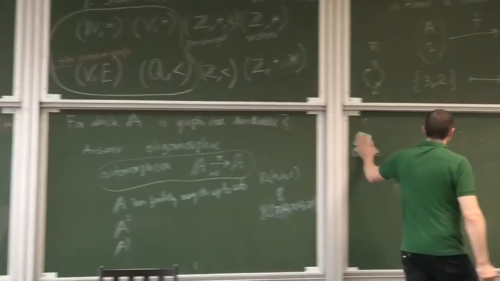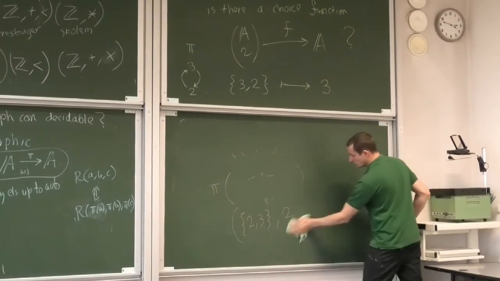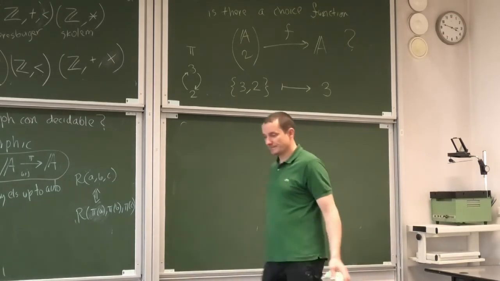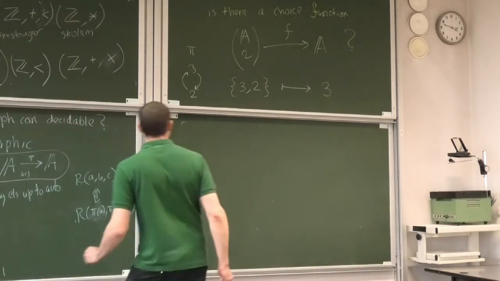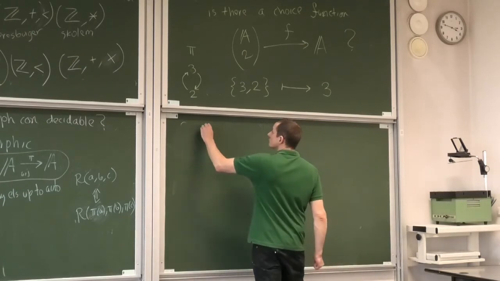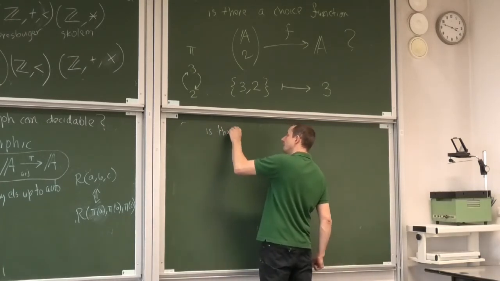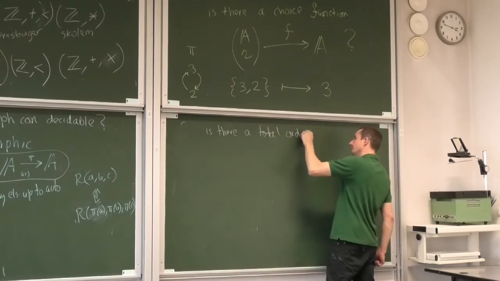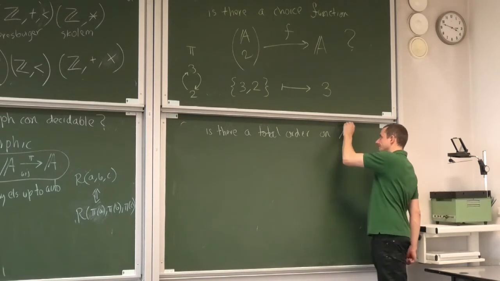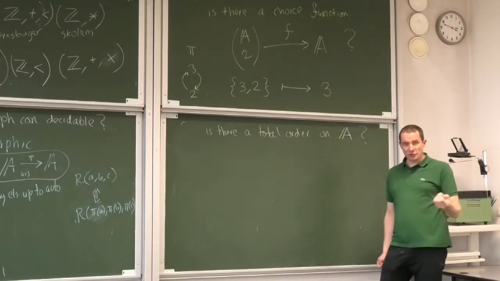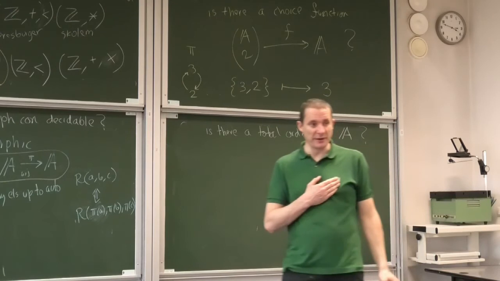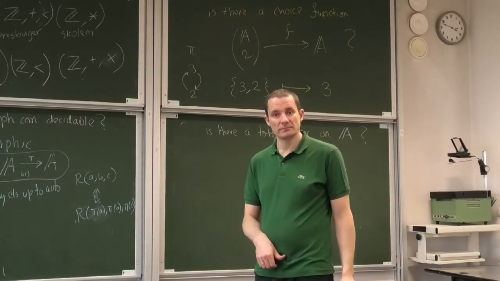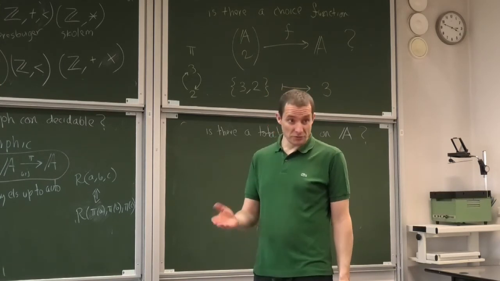So let me ask another question. Is there a total order, and by a total order I mean a total order defined by a set builder expression? Yes or no?